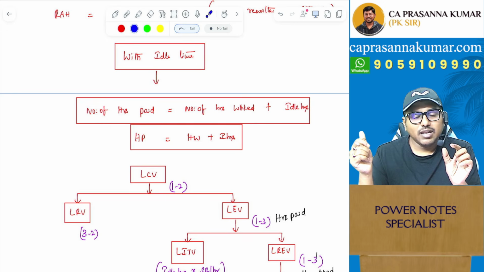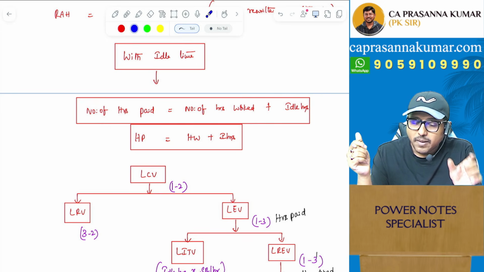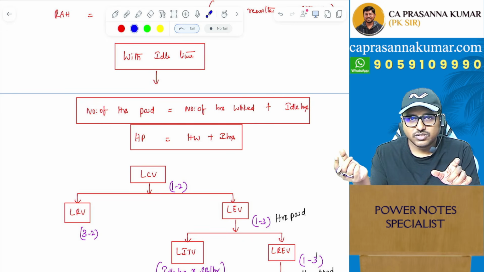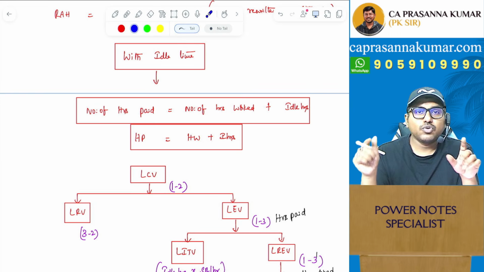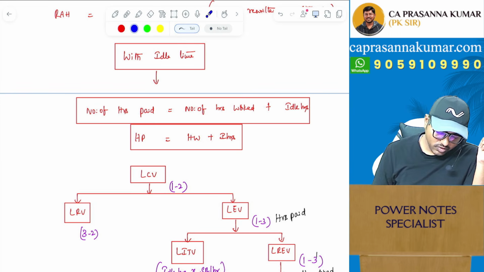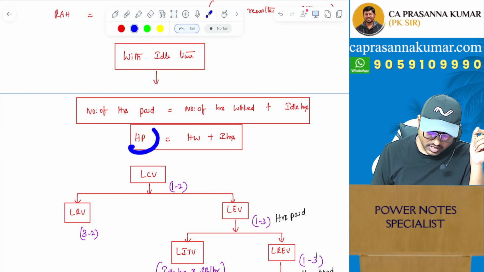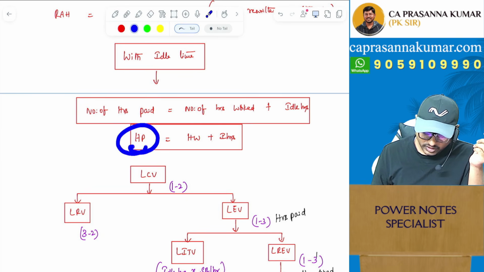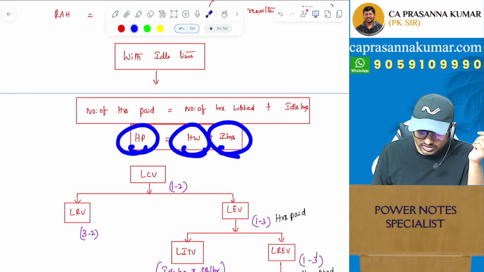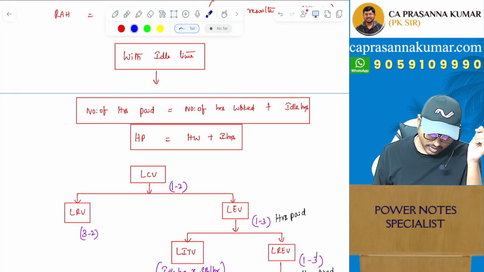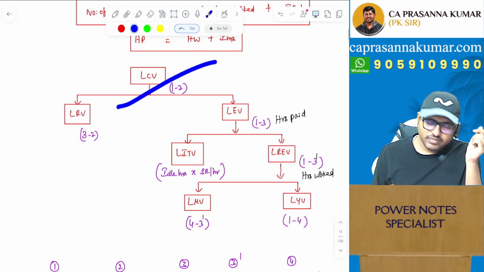So I'll pay for the hours you worked, plus idle hours. The total put together we call hours paid. Therefore, hours paid is equal to hours worked plus idle. In other words, hours paid, HP, is equal to hours worked, HW, plus IH, idle hours. So based on this, see how the classification will change.